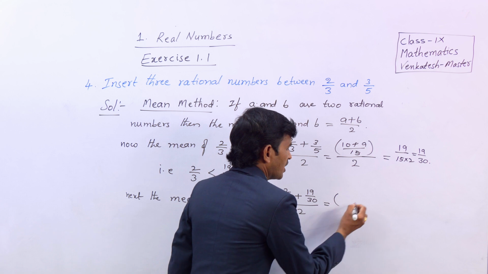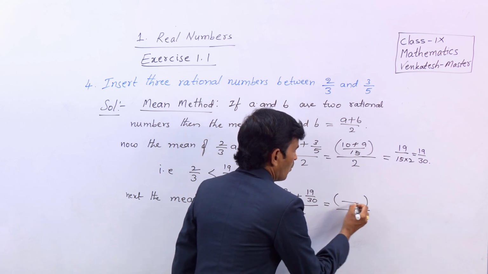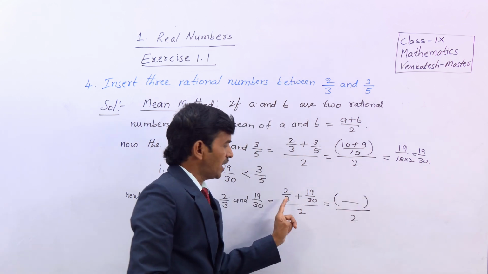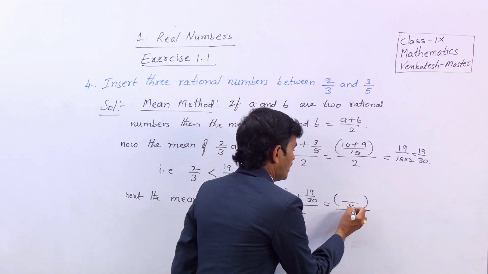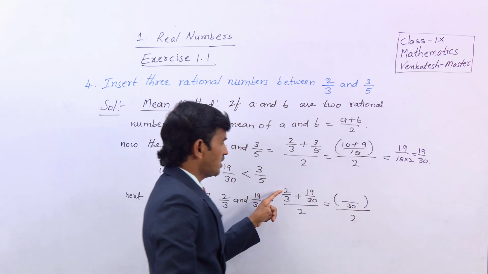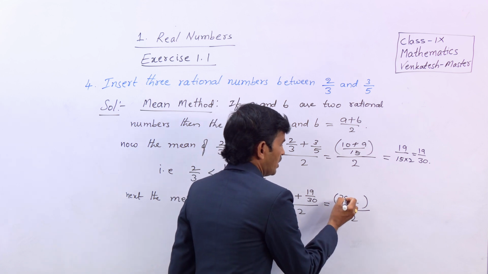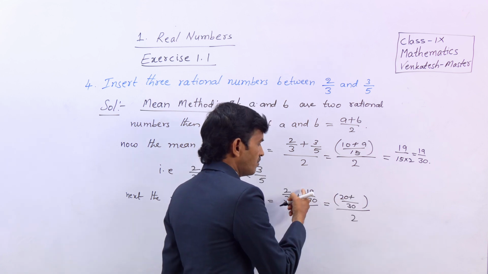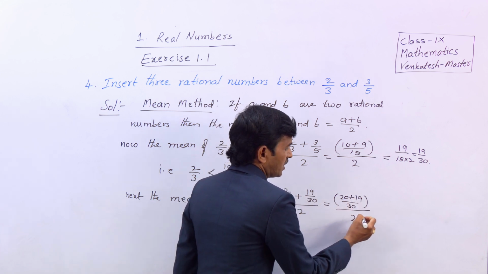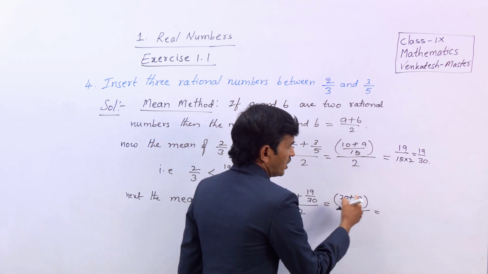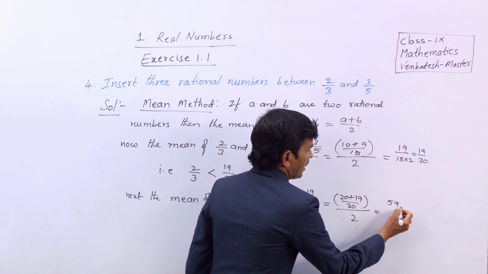If you find the LCM for the denominators, 3 comma 30, their LCM is 30. 3 tens are 30, so you can multiply this with 10. So what will you get here? 2 tens are 20. 3 tens are 30, the LCM. Here 19 same by 30, by 2, which is equal to 20 plus 19 is 59.